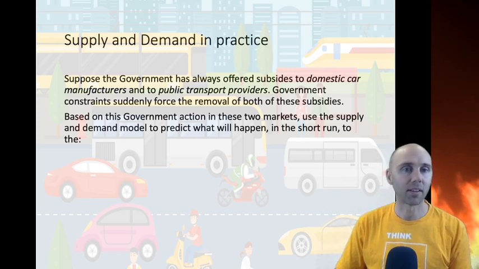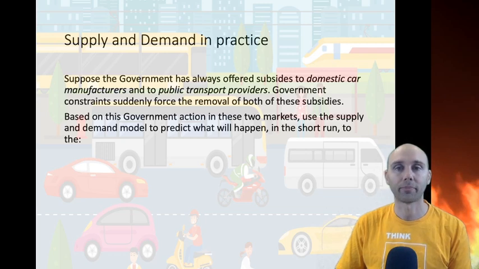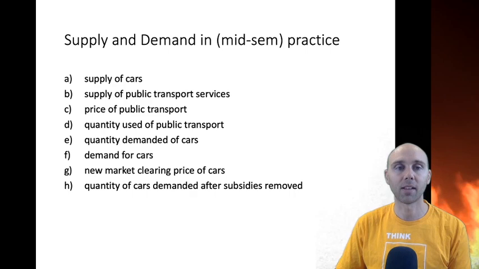Now, based on this government action in the two markets, try to use the supply and demand model and our equilibrium analysis to predict what will happen in the short run to the supply of cars, the supply of public transport services, the price of public transport, the quantity used of public transport, the quantity demanded of cars, the demand for cars, the new market clearing price of cars, and the quantity of cars demanded after the subsidies are removed.